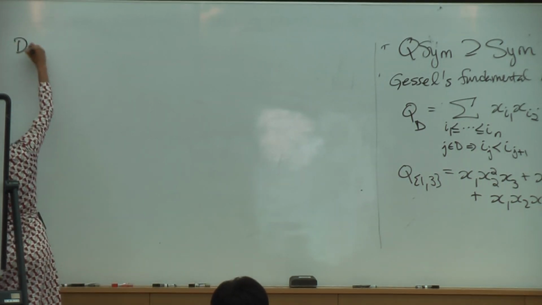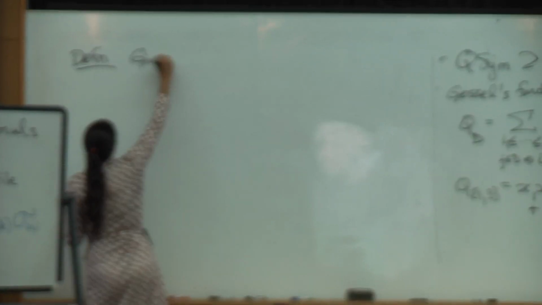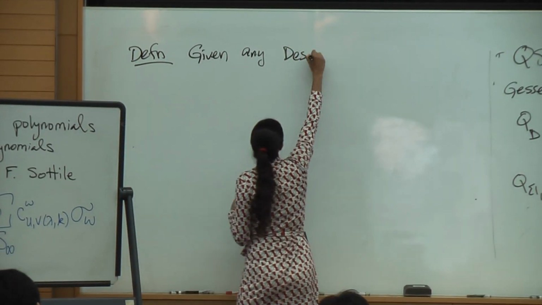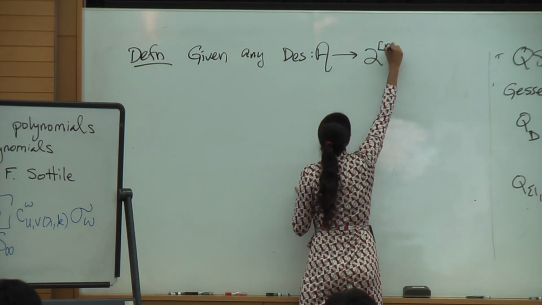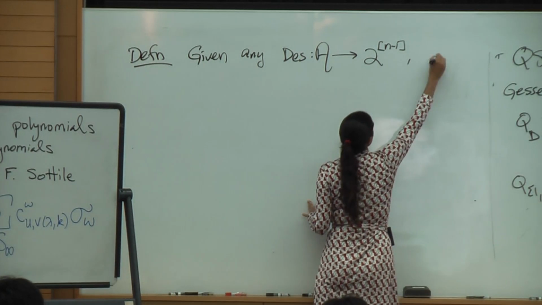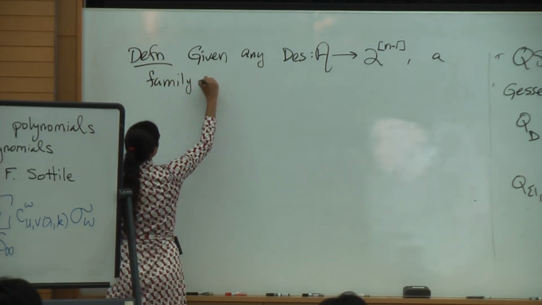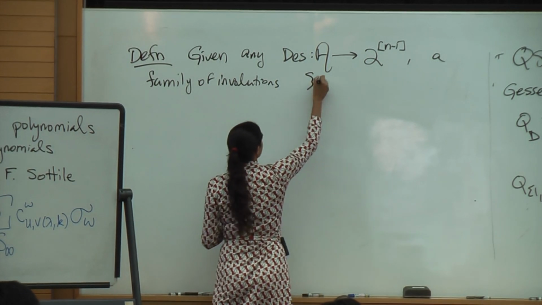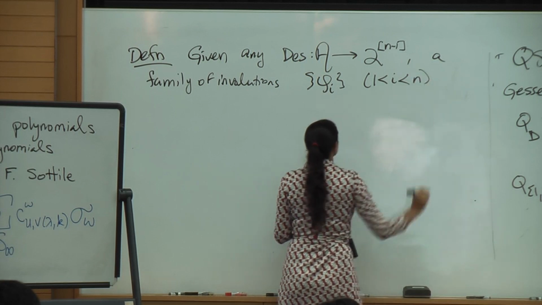So here's a definition without too many details, just in terms of a general tool. Given any framework where you have a descent map from some set of objects to 2 to the n minus 1, which just means I'm taking subsets of 1 up to n minus 1, and a family of involutions, let's say phi i, and again, 1 is less than i is less than n.